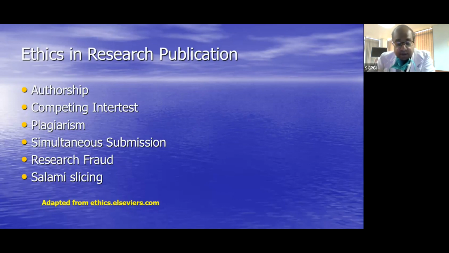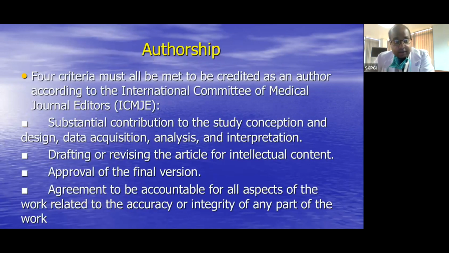So the first important thing is about the authorship. According to the recent guidelines of the International Committee of Medical Journal Editors, the four criteria which are a must to be credited as an author are: the author should have substantial contribution to the study conception and design, data acquisition, analysis, and interpretation.